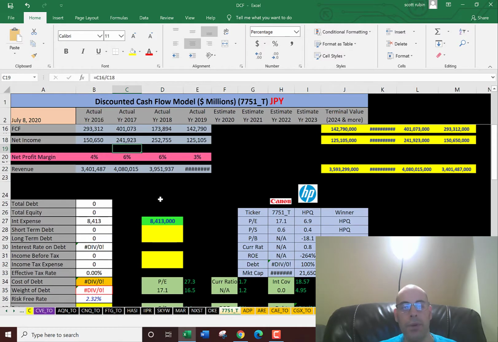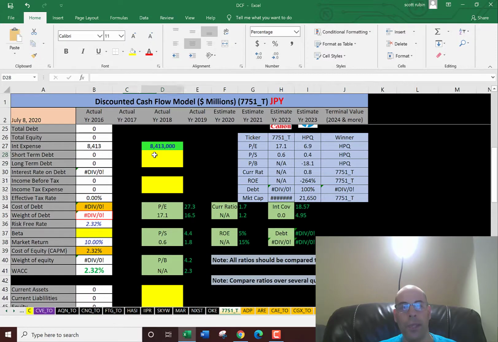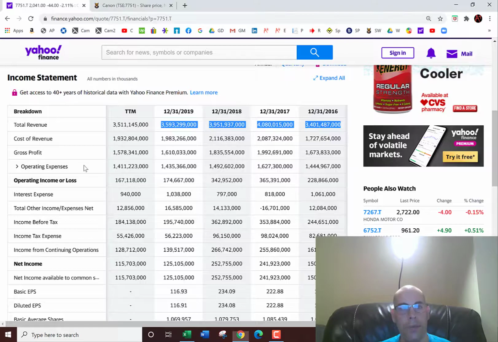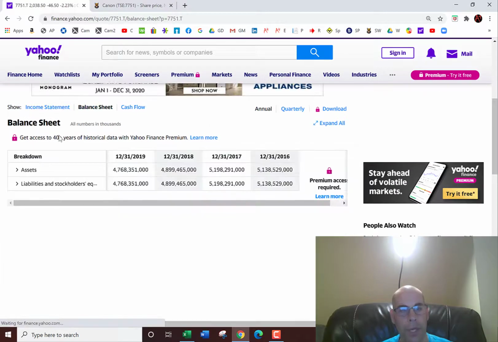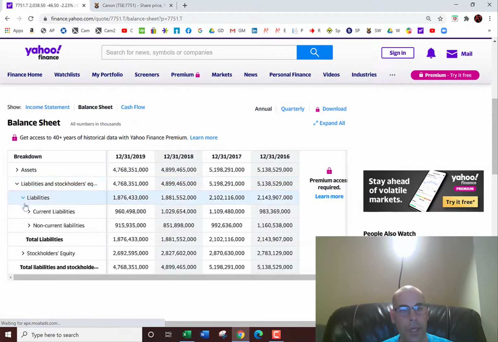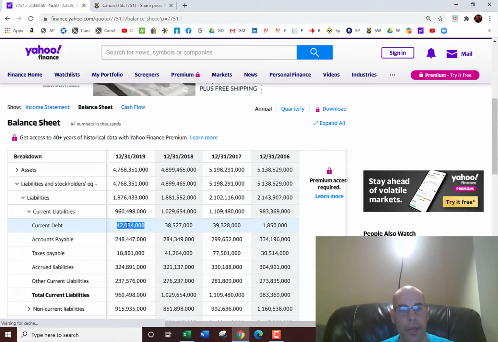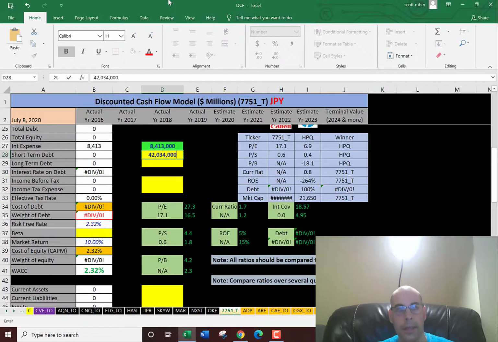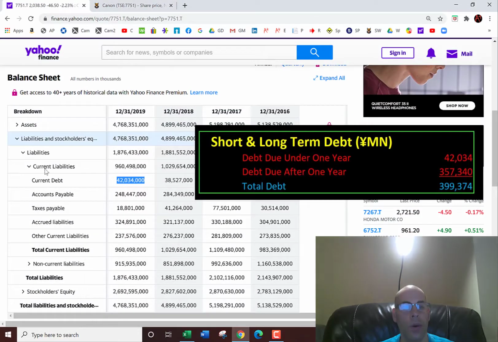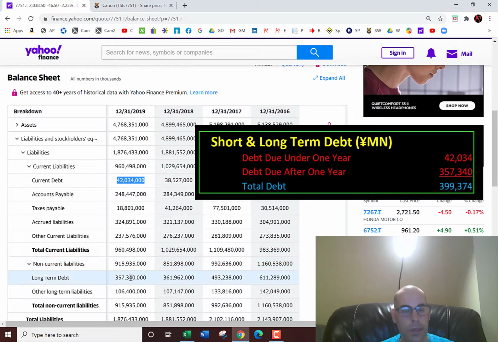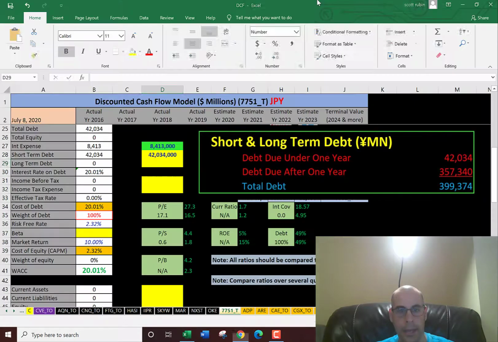So let's get the capital structure of the company so we can figure out what discount rate to apply to the future cash flows. I had to pull the interest expense from a different source, but they pay 8.4 billion yen of interest on their debt. Let's figure out how much debt they have. We'll go to the balance sheet, then go to the liability section. Current debt is 42 billion yen, and long-term debt is 357 billion yen.